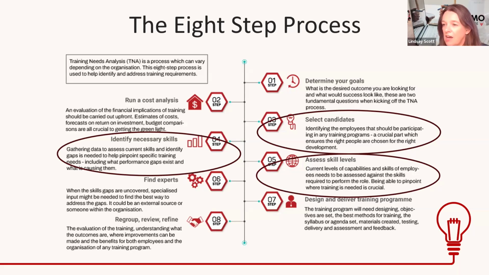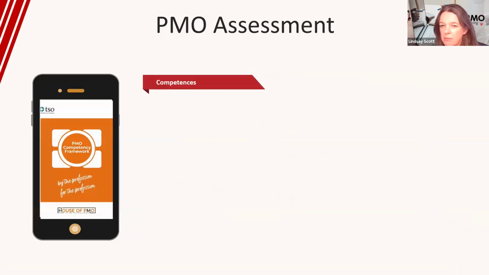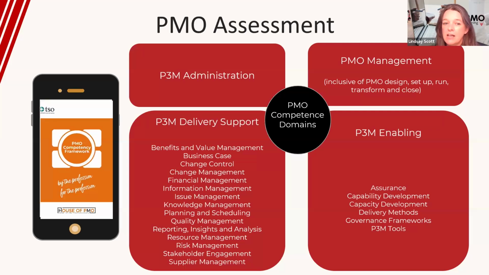So what are some of the areas that we need to be developing in? One of the obvious places for many people working in PMO today to start is the PMO competency framework. The PMO Learning is a consulting member of the House of PMO. Hopefully you've come across the House of PMO before; if not, please do check it out.